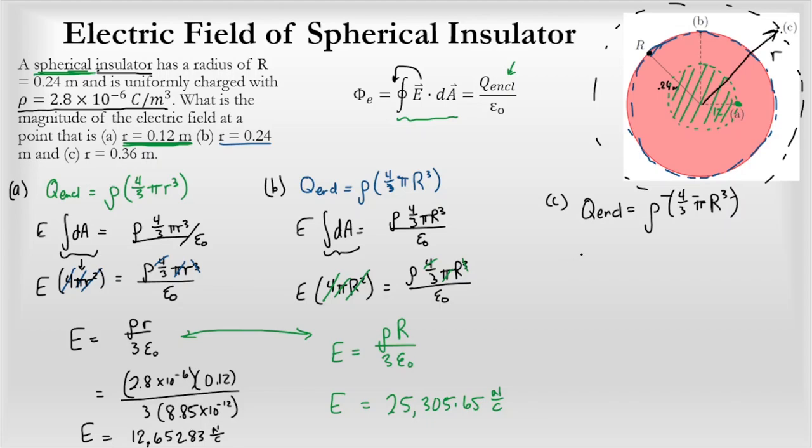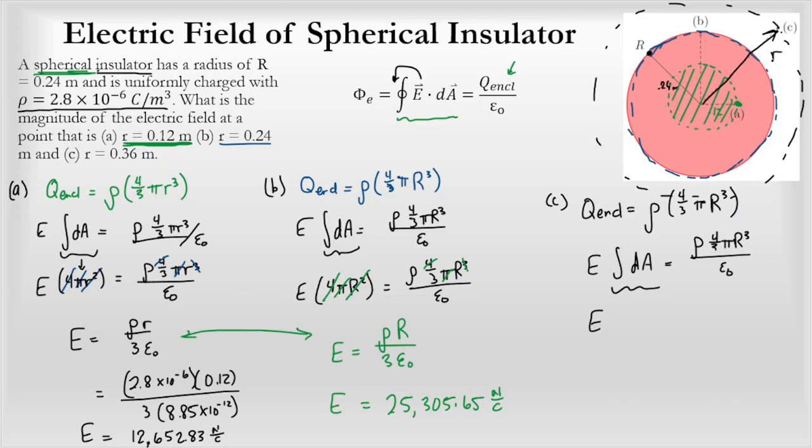I can set up my equation with the integral. Integral dA equals rho 4/3 pi big R cubed over epsilon naught.